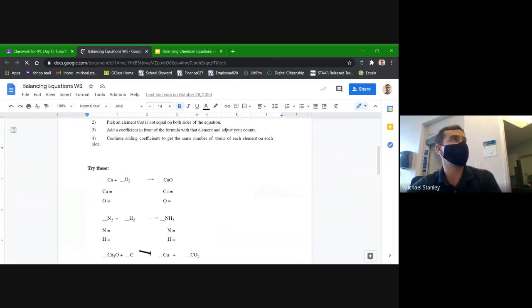On the homework, it's set up like this, where you have some blank areas to write in coefficients, and you can keep track of your atom number in these little spaces down below. So what I'm actually going to do is stop presenting there and bring up a whiteboard to work on.